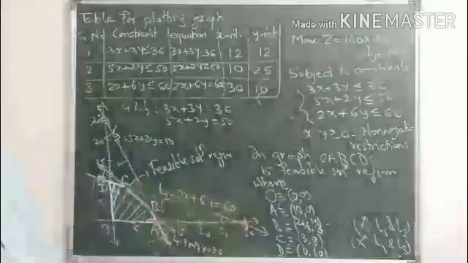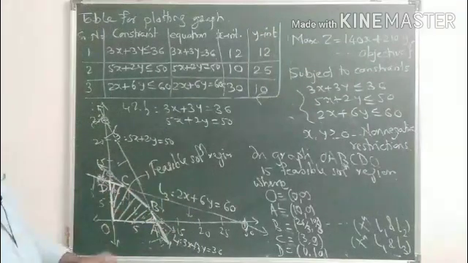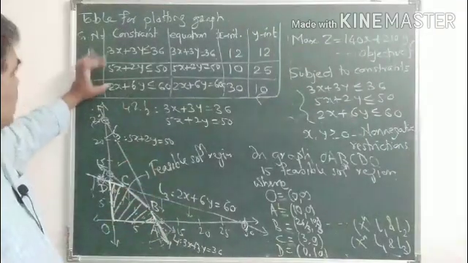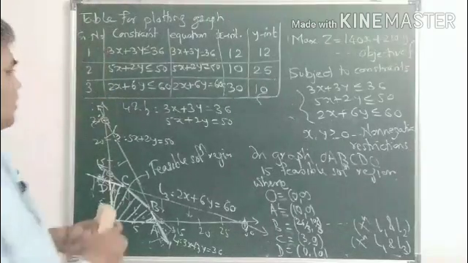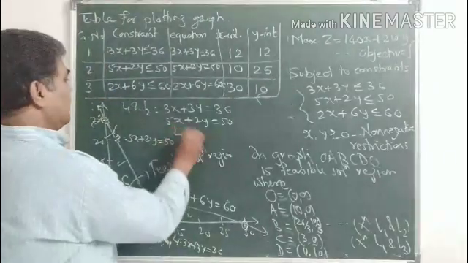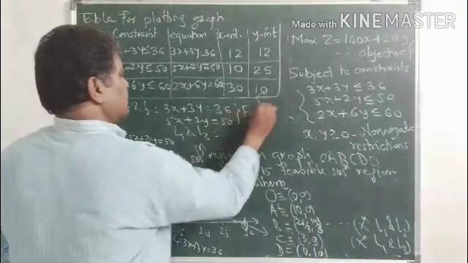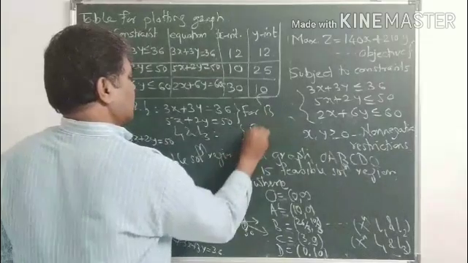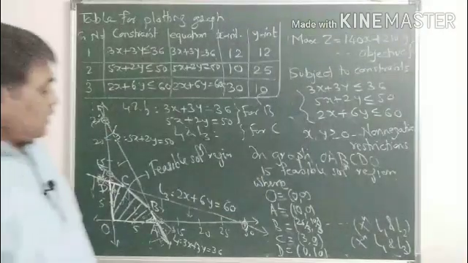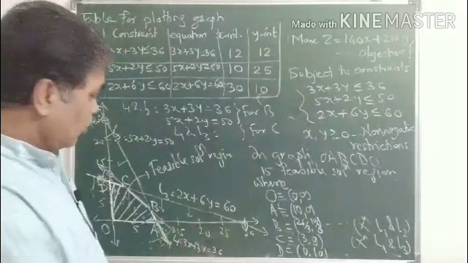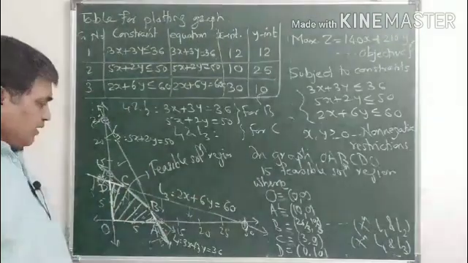C is the intersection point of L1 and L3. You have to just solve the corresponding equations for B and for C. Now whether 3, 9 is correct or not, I have solved those two equations and I am writing that answer here.